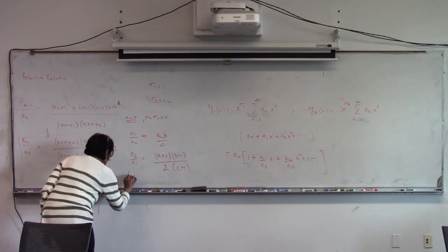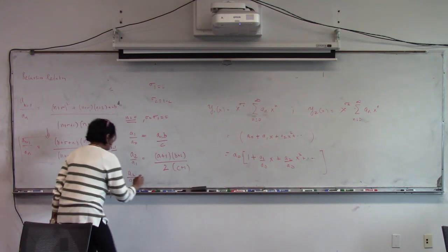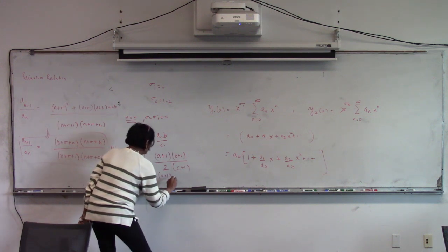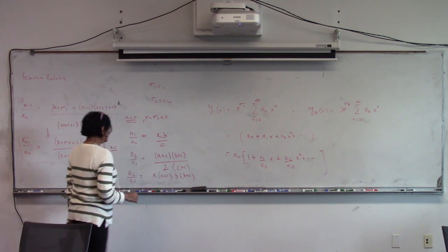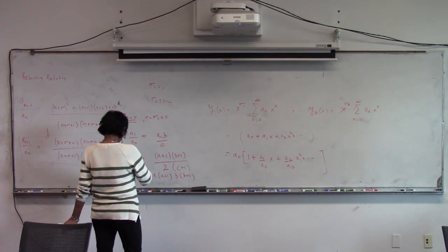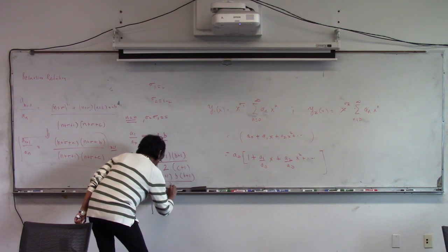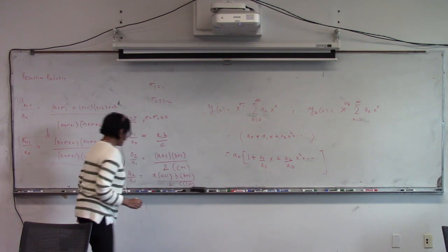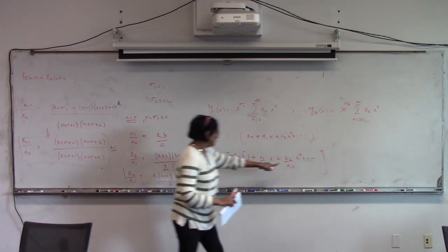So a2 over a0 is nothing but the following: a times a plus 1, b times b plus 1, over 2 factorial c times c plus 1. Okay, so that's what I need here.